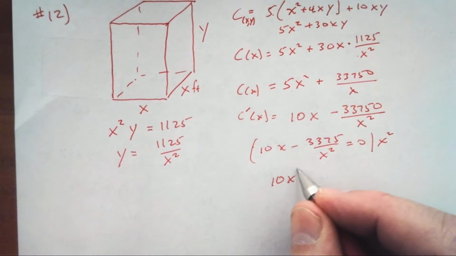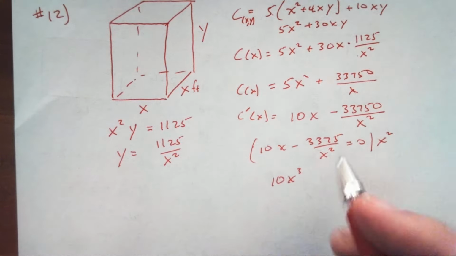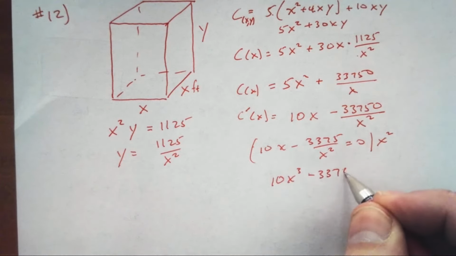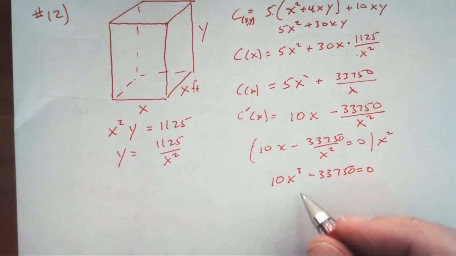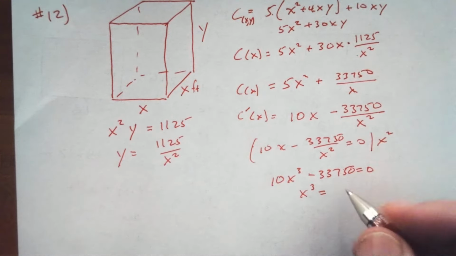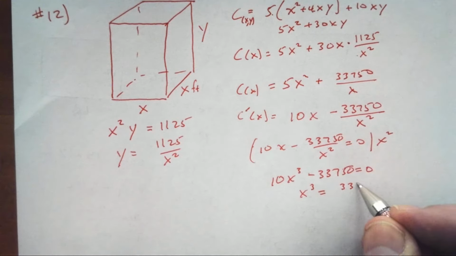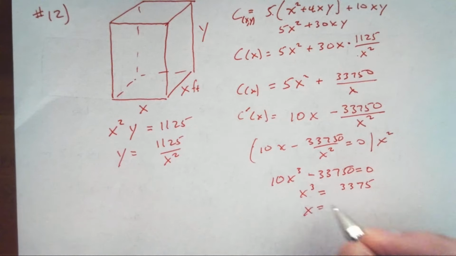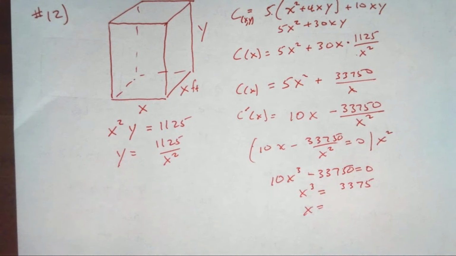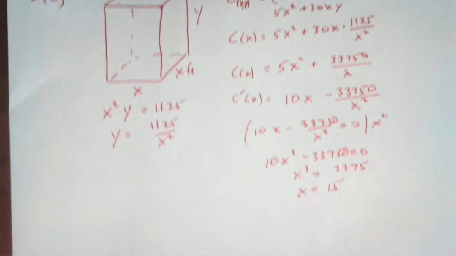And I get 10x cubed minus 33,750 equals 0. That's 50. x cubed is 3375 after I divide by 10. And x equals 3375 raised to the 1/3, which is 15. Yay.